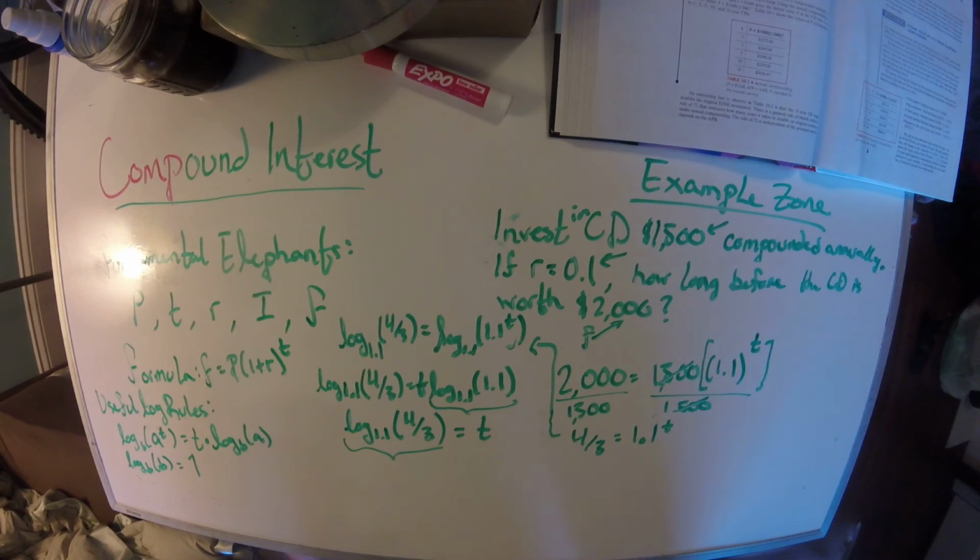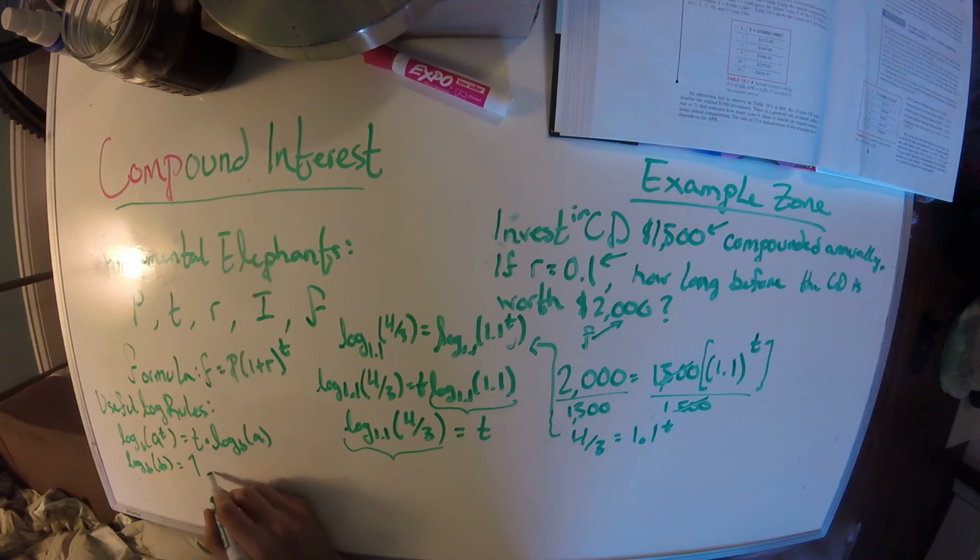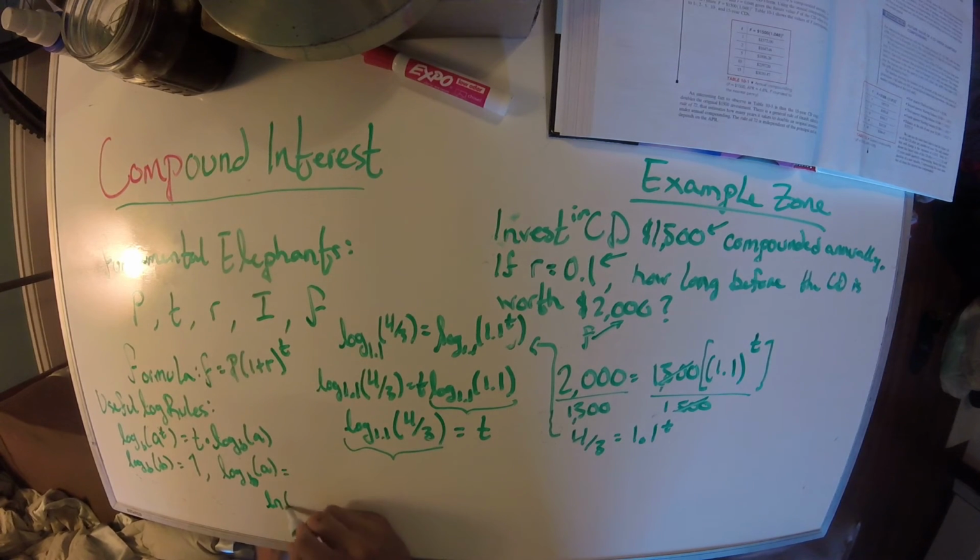This is where one last useful log rule comes in, and that is if you have log base b of a, that's equal to the natural log of a, the log with e as the base, divided by the natural log of b. Natural log, ln, is a button on your calculator.